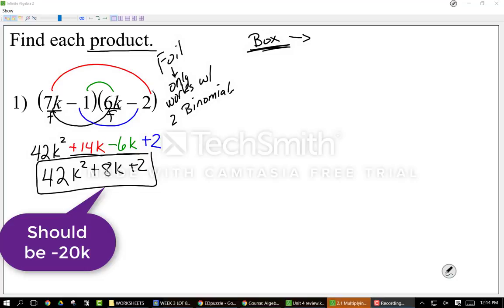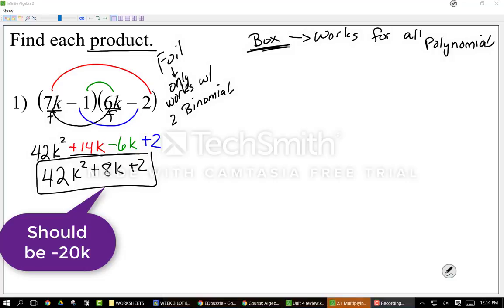Box works for all polynomials. So what I mean by that is, if you have a trinomial times a binomial, you can use a box. You cannot use FOIL if you have a trinomial times a binomial.